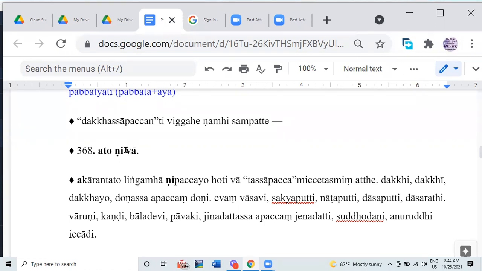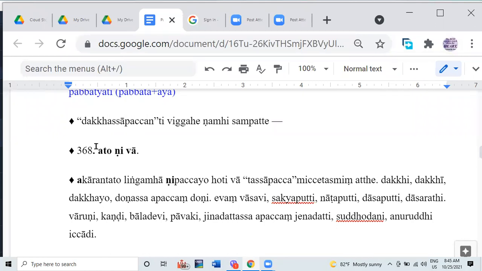So according to Moggallana, for example, if we want to explain the word formation of Daki, we just add Nasa after Daka. Daka takes the genitive case, but the word apaja, etc., is also not used.